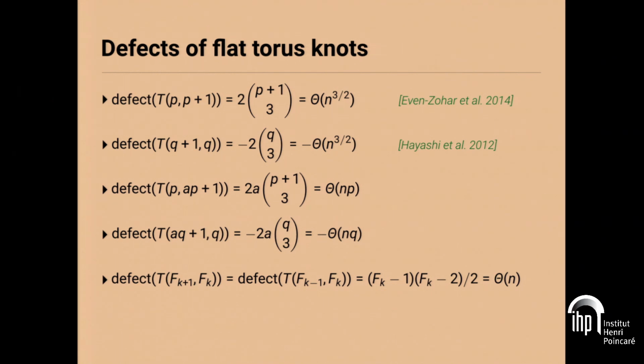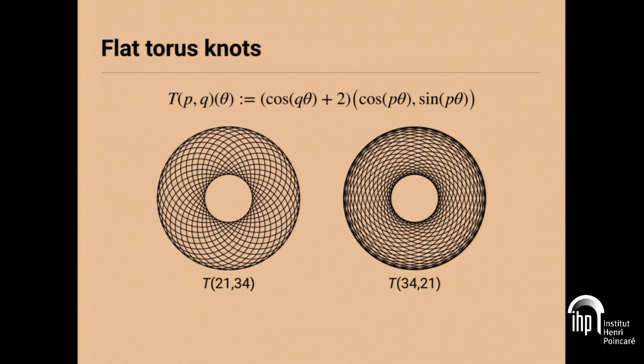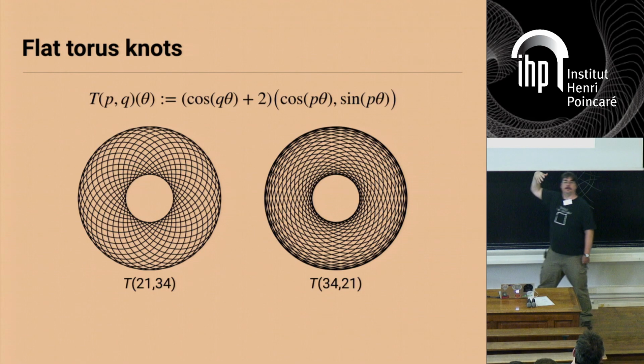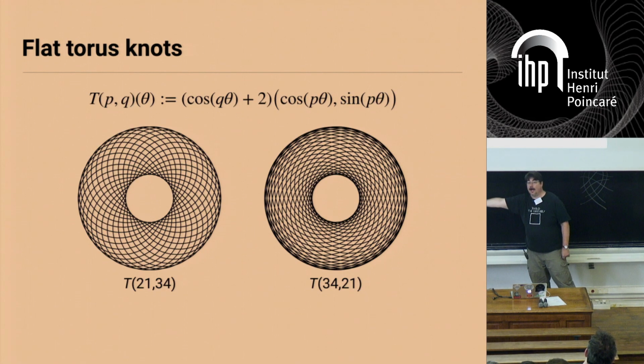Interestingly, there are flat torus knots that have only small defect. I don't know if Joel is going to talk about this, but it's an interesting question for people who are interested in random knots, whether this family of Fibonacci flat torus knots are what are called universal, meaning that for any knot type, there is a Fibonacci torus knot such that if you assign the crossings correctly, you get a diagram for that knot.